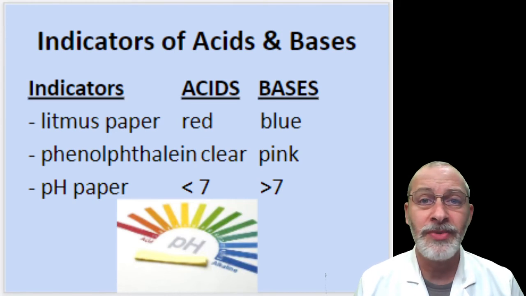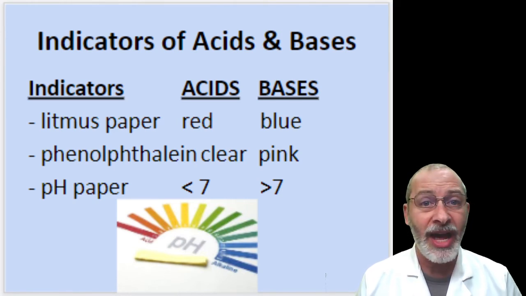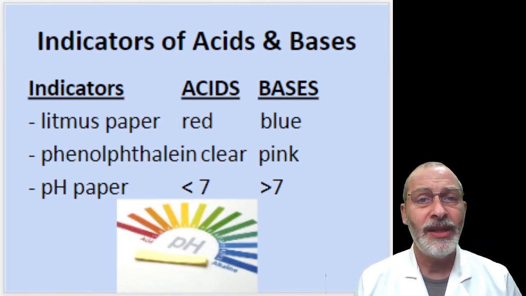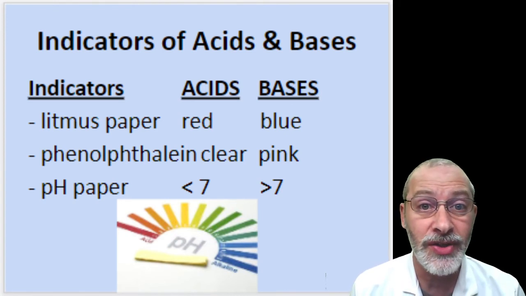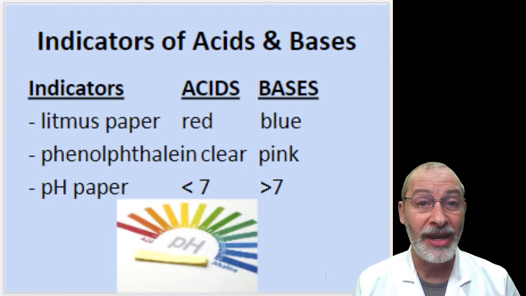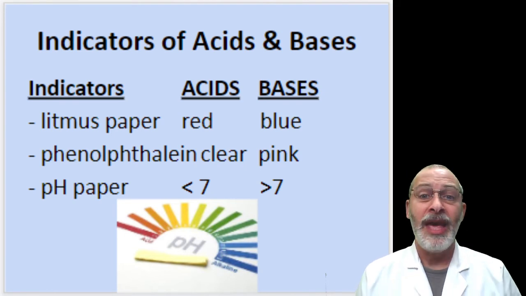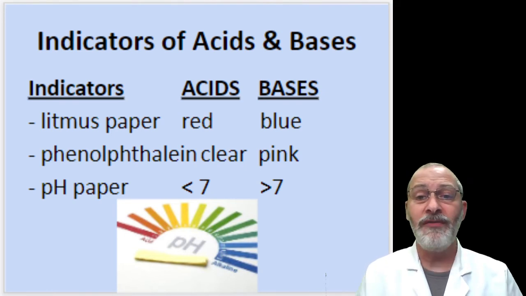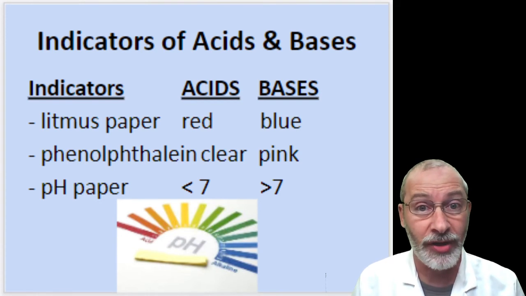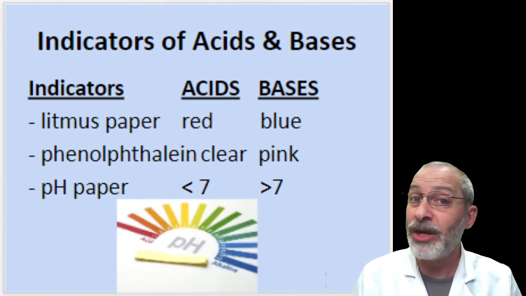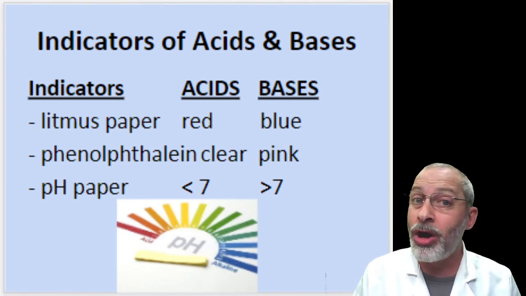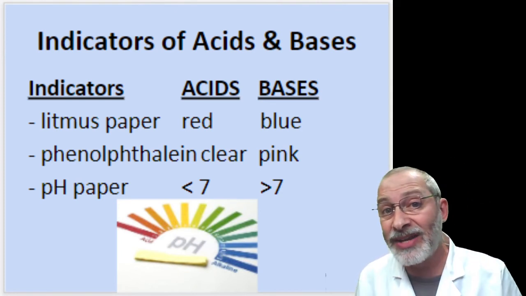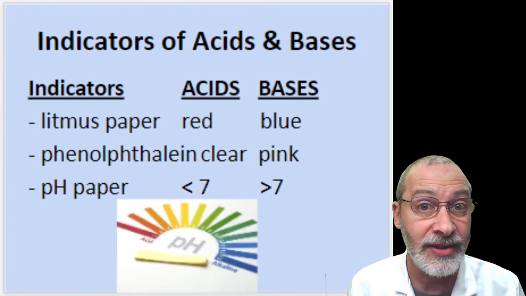pH paper comes in a variety of kinds, but basically pH paper will turn different colors in the presence of an acid or a base, but more than that, a pH paper will give you a range of colors indicating a range of values of just how strong or weak an acid or a base is.